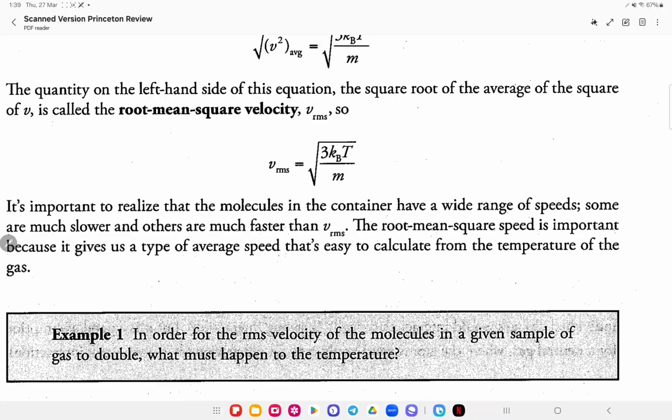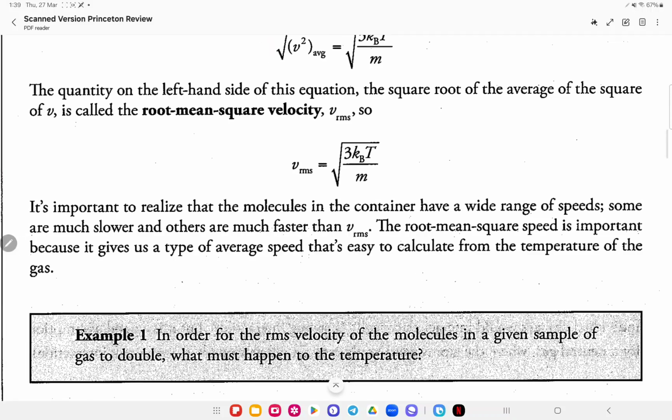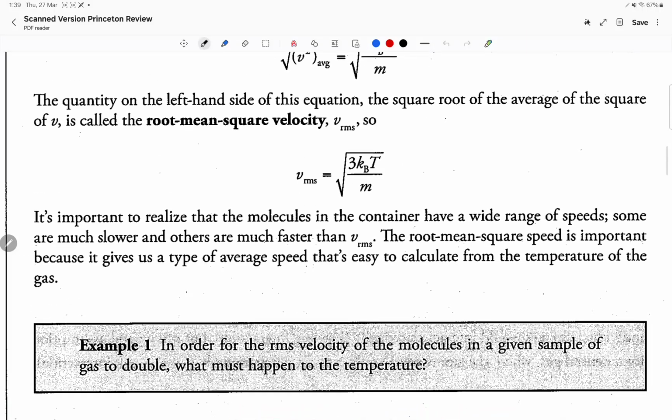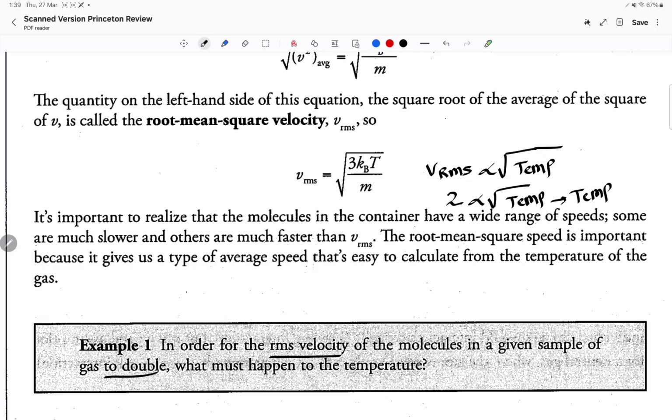Okay, so example 1 in the book. We know by now that VRMS is direct with the square root of the temperature. And so if the VRMS were to double, that means put this as a 2, how would you solve for the temperature from the square root?